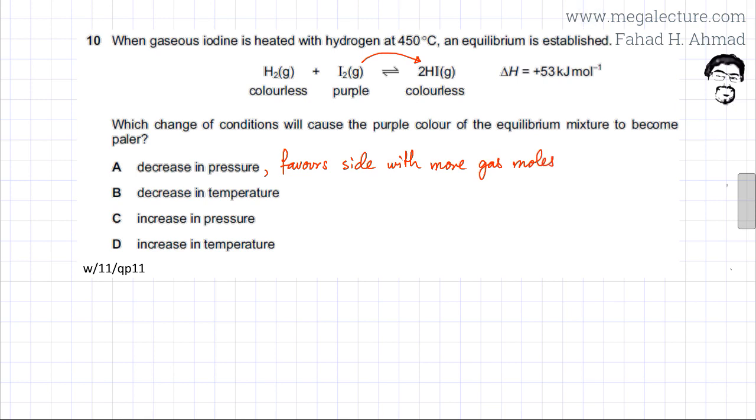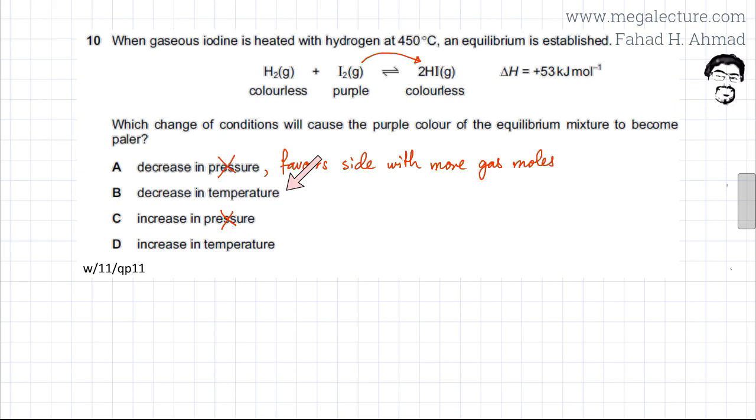Now the problem in this case is that there are 2 moles of HI in the product side, and there's 1 plus 2 moles of reactants as well. So the moles of gas on both sides, on the reactant side and on the product side, is exactly the same. So changing pressure is not going to have any effect whatsoever, and the same is true for option C as well. Increasing or decreasing pressure is not going to have any effect.